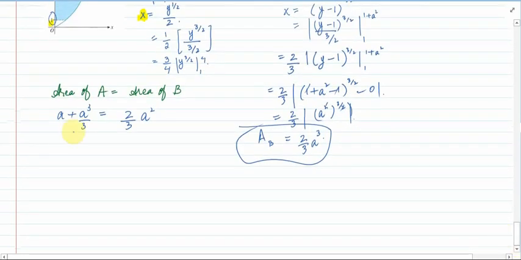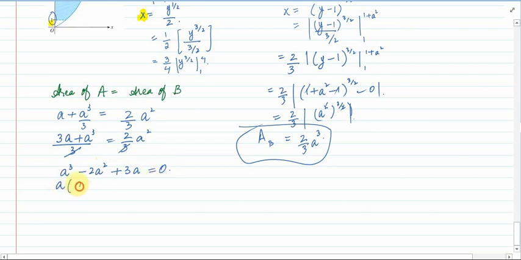Alright, if I take LCM here, it's 3a plus a cube over 3 equals 2 over 3 a square. 3 and 3 cancel. So now the equation we have is a cube minus 2a square plus 3a equals 0. Alright, we can take a common here, so it's a square minus 2a plus 3 equals 0.